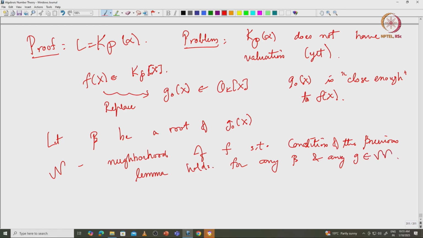I am going to make all that rigorous in a minute. Right now it is just an idea of how to prove things.